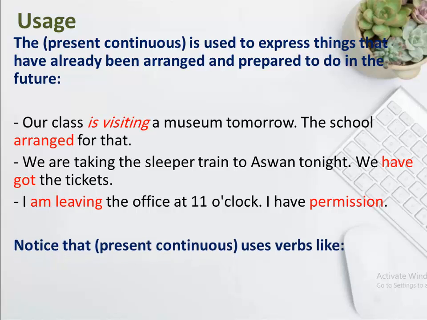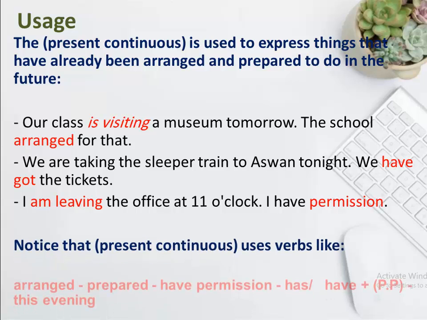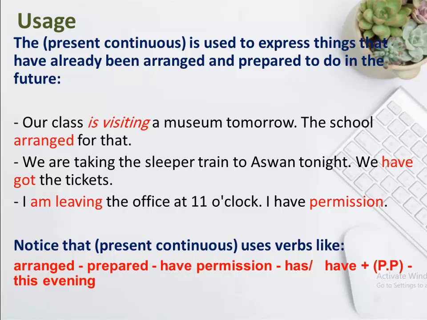Notice that the present continuous is used with things like arranged, prepared, have permission, have plus past participle, or this evening or tonight. We use the present continuous.